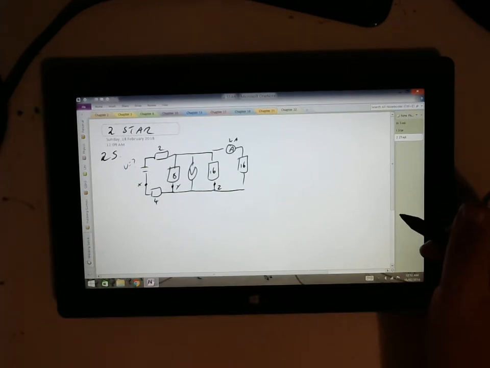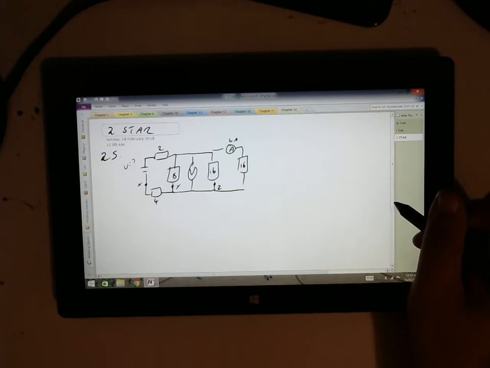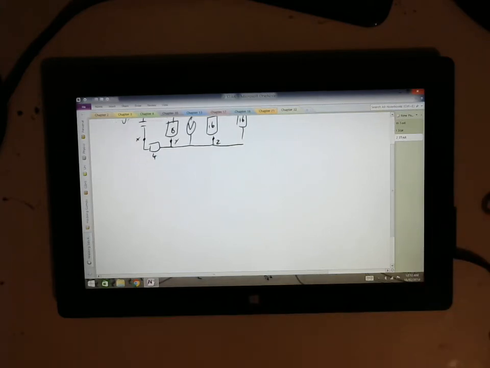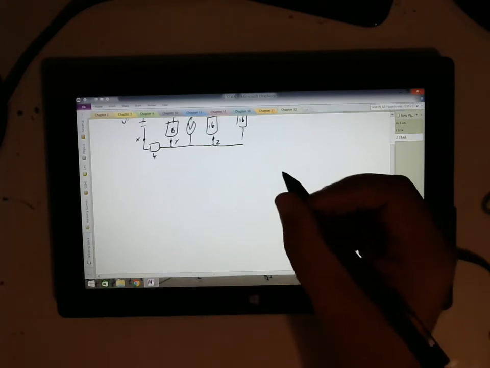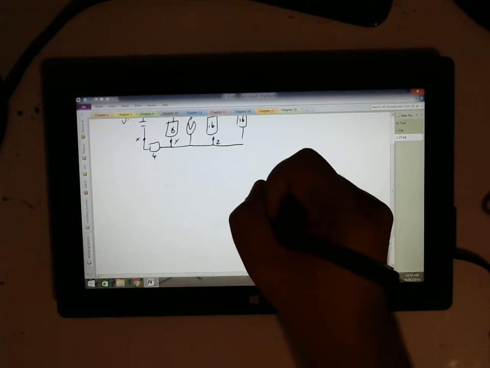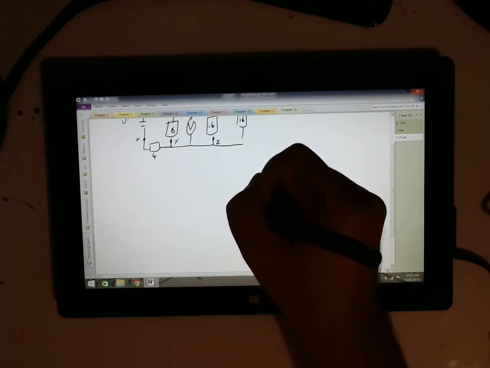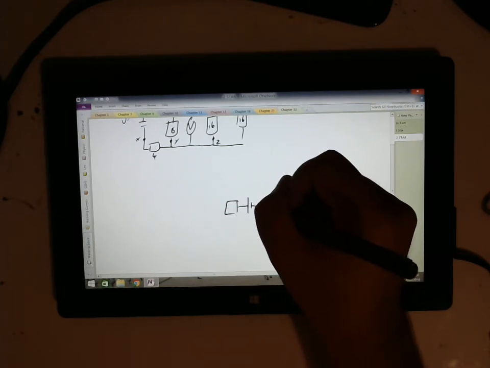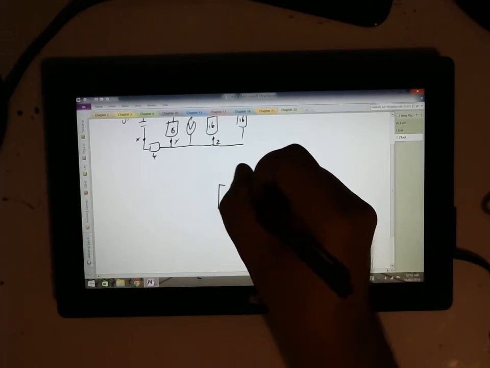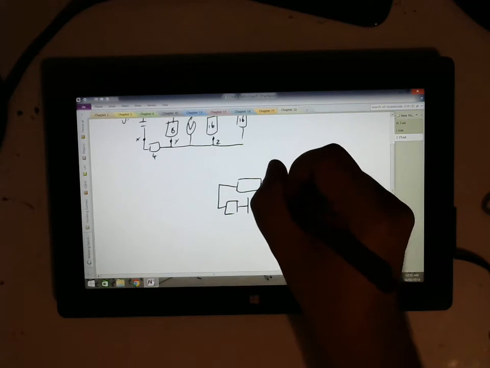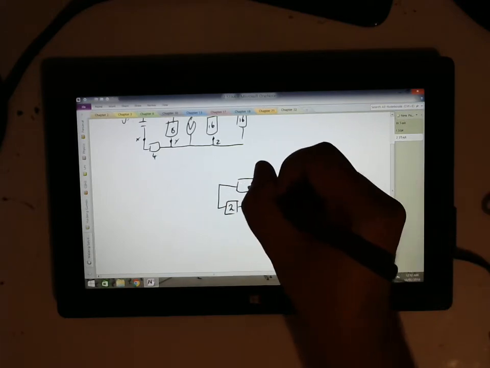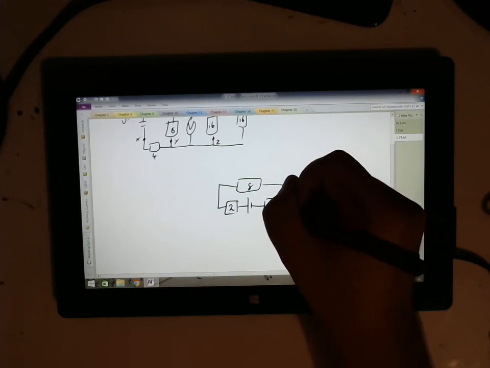And one other thing I'm going to do to help visualize this is to draw this picture again, but without this very neat squareness to it that I think makes it harder to see. So I'm going to draw it side on, and I have a couple of resistors in series with this battery, and that comes around to another resistor before coming back, and that's my 2, my 8, and my 4.